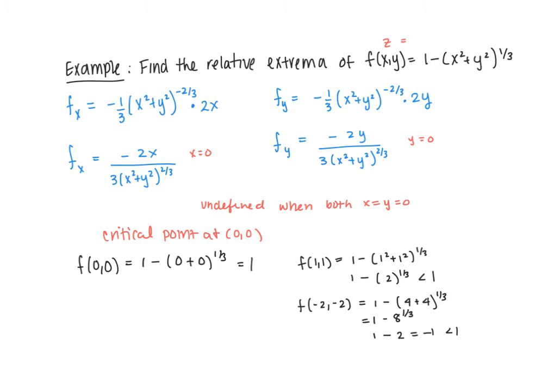Well, -1 is also less than 1. So that means that f of x, y for any x, y other than (0, 0) is less than or equal to our critical point, which means that (0, 0, 1) is a relative maximum.